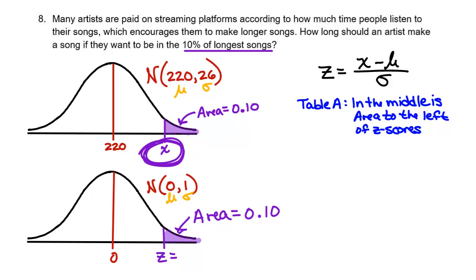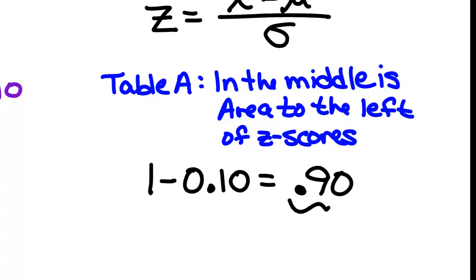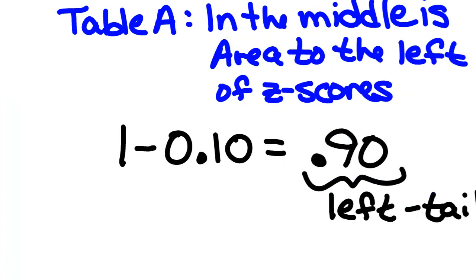So how do I make this so that I can use it? 0.90, yes, or 0.9. We're going to do 1 minus 0.10. So I get 0.90. This is my left tail. This one over here was my right tail.